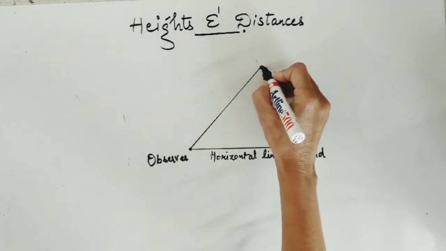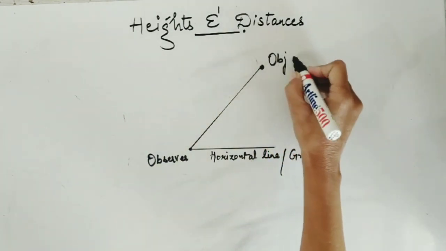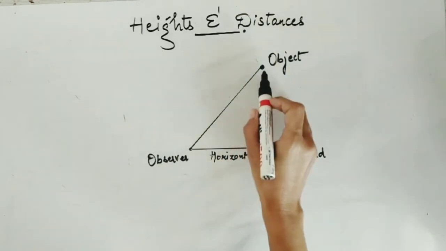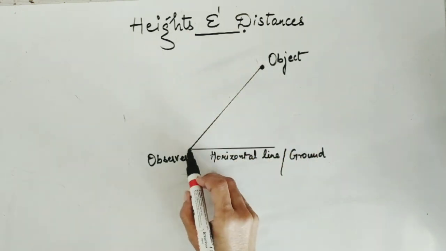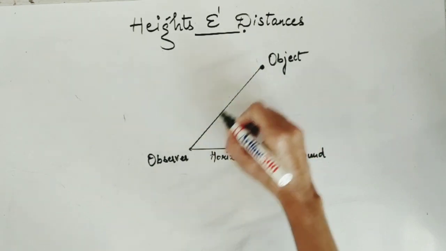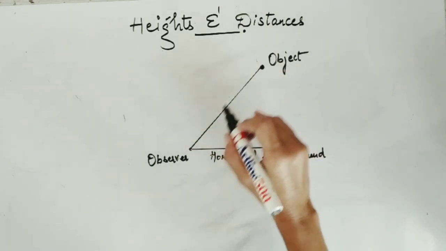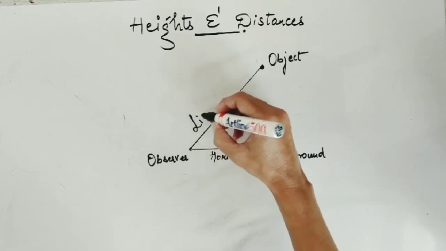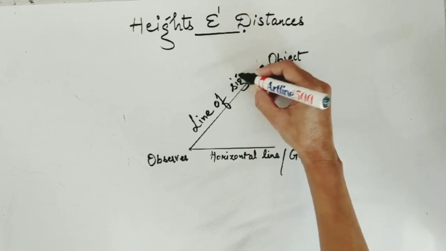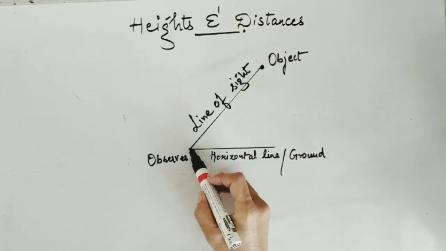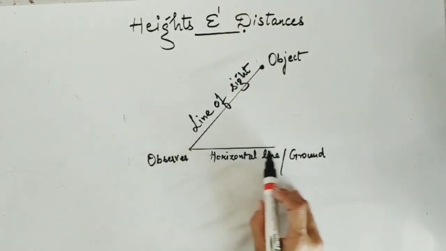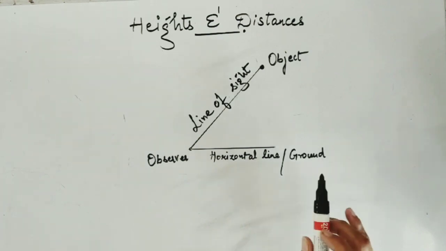I am placing the object here. Now the observer is here, the object is on the top. If the observer is viewing this object, then the line which connects the eye of the observer to the object is called line of sight, and this one is the horizontal line. This is the basic.